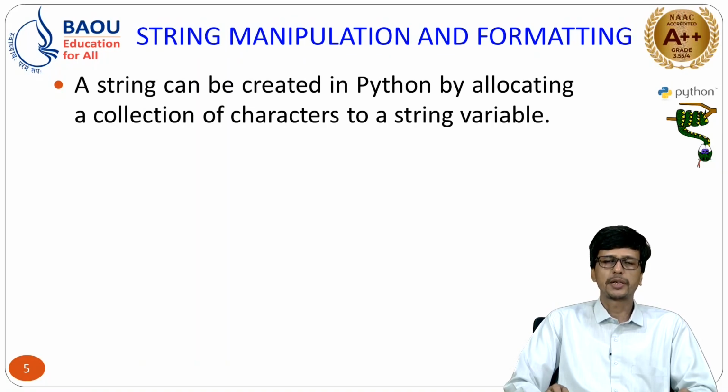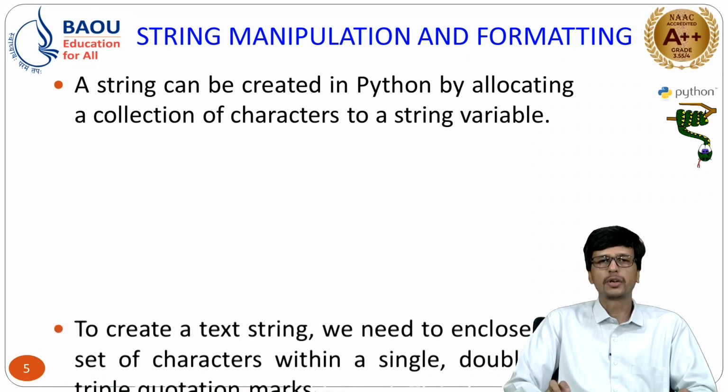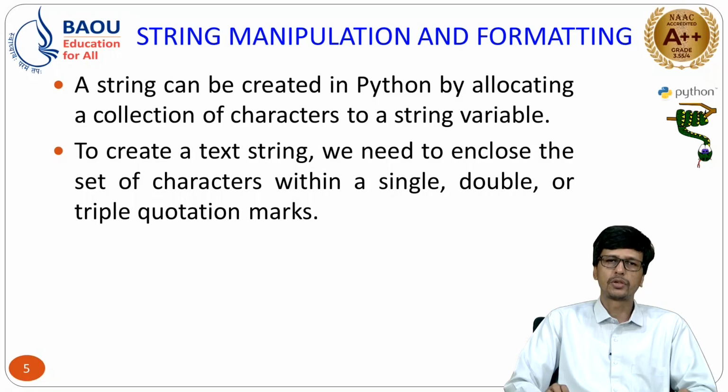So if you want to represent a string, you create a string variable on the left-hand side. You must follow all the rules and regulations for creating the variable name, or the identifier name. On the right-hand side of the equal to sign, you put whatever value you want to store in that variable.